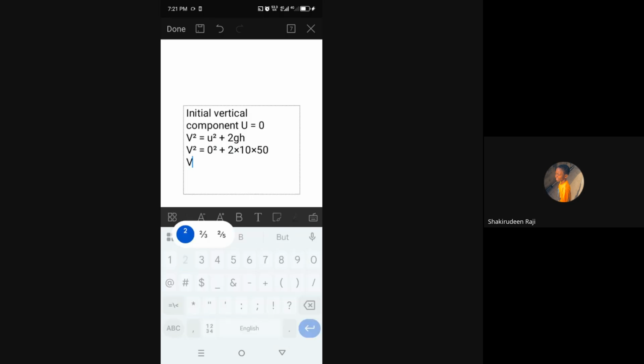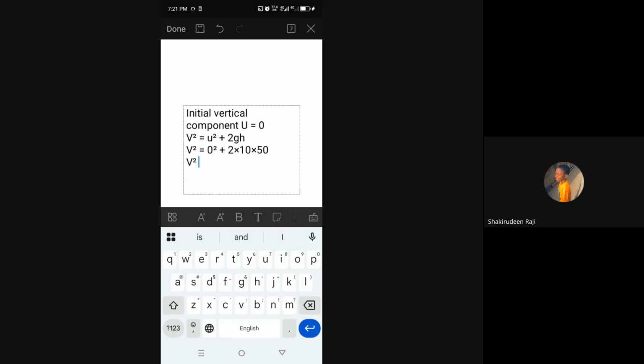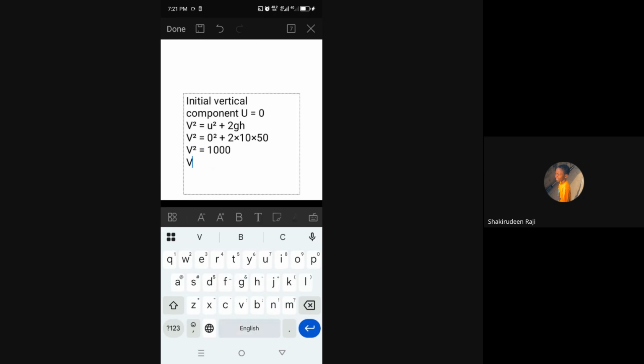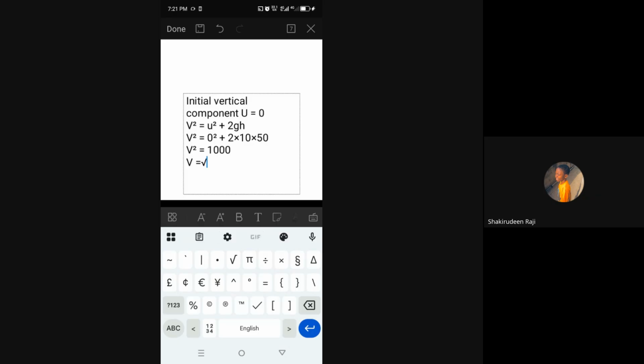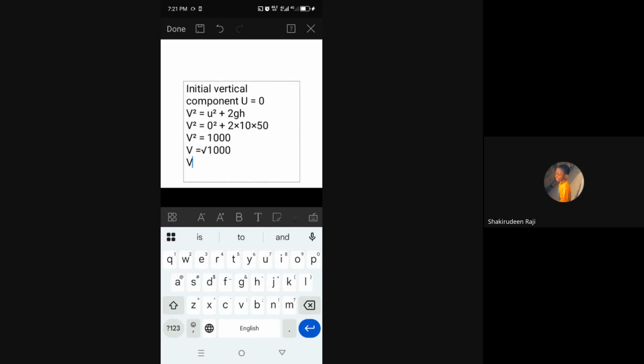So you have v square is equal to 2 times 10 times 50. 2 times 10 is 20 times 50 is 1000. So v is equal to the square root of 1000. Please press your calculator there. Square root of 1000, what would you have?